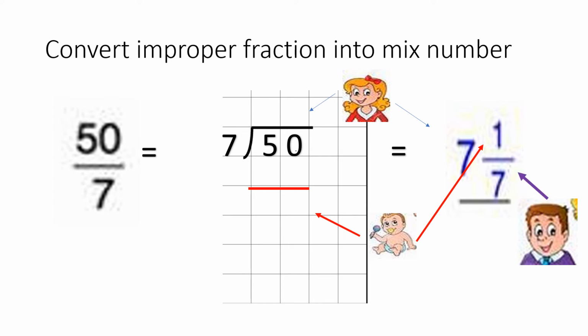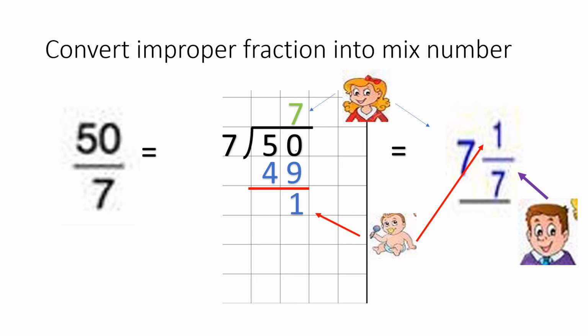Now let's look at times table. Is that 50? No. What is the nearest? Is 49. 7 times 7 is 49. Now you have to minus to get the remainder. 50 minus 49, you get 1.